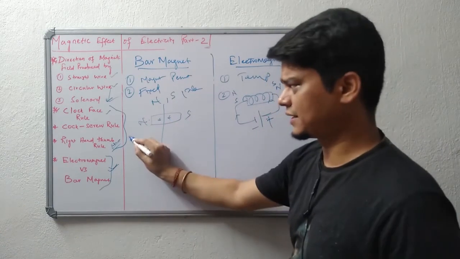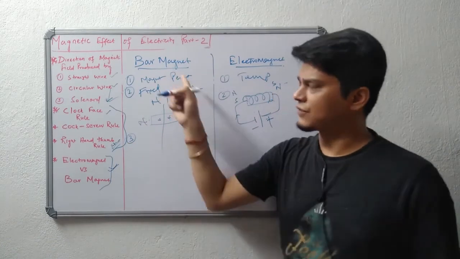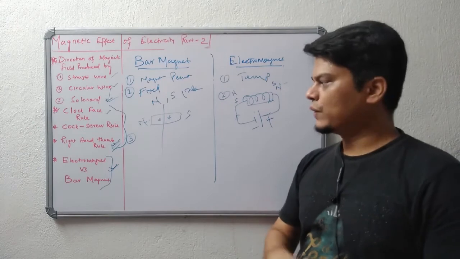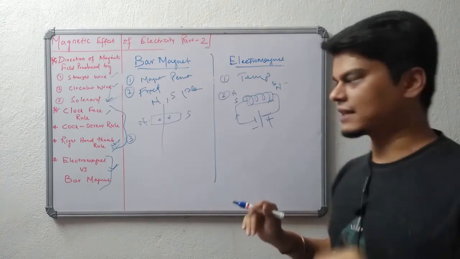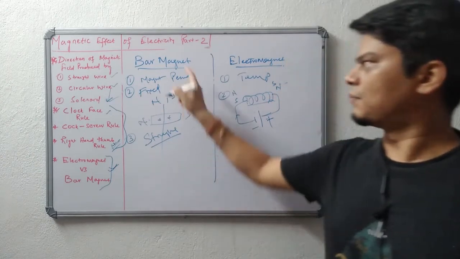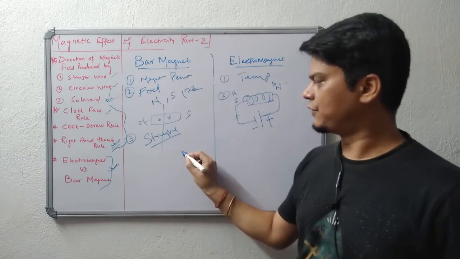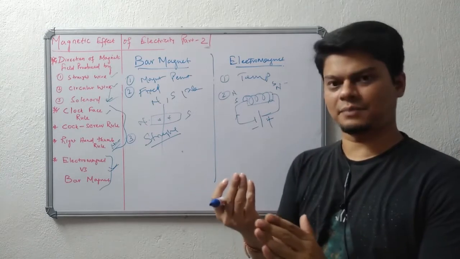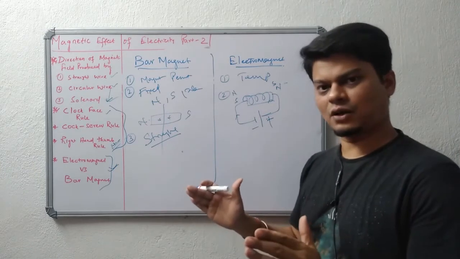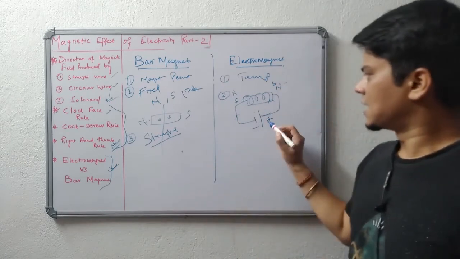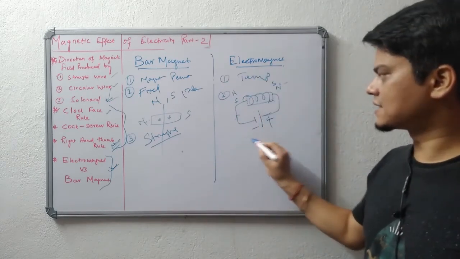Now third point is, what is the difference between bar magnet and electromagnet in third point? We cannot increase the strength, that is strength. Suppose a bar magnet has field lines up to 30 centimeter, a small bar magnet I am taking, it has a field length of 30 centimeter magnetic field. Whereas the electromagnet, I can increase the strength.